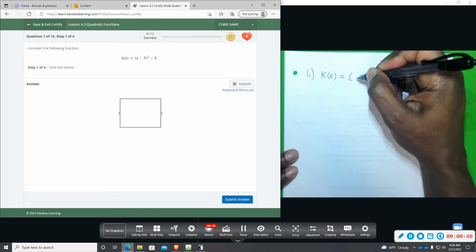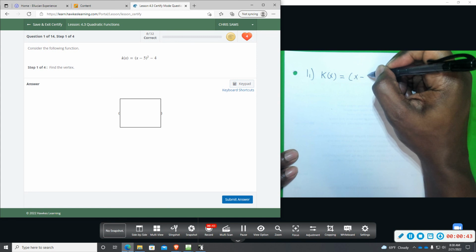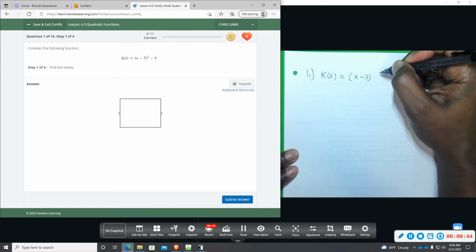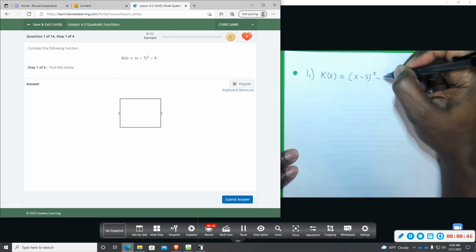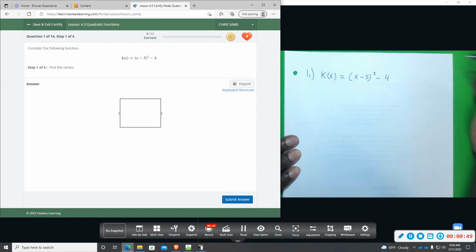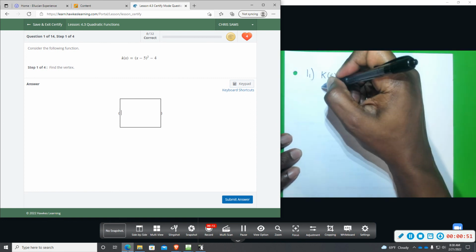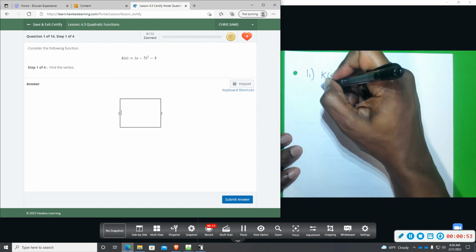So we have x minus 5 quantity squared minus 4. Okay, so this is in vertex form. Let me just write that out.